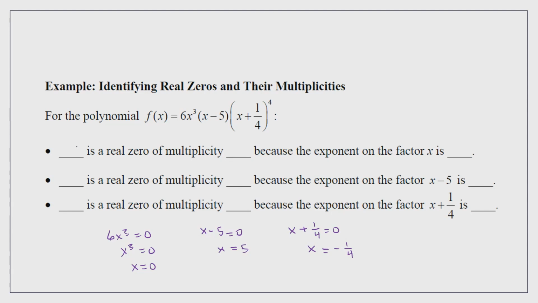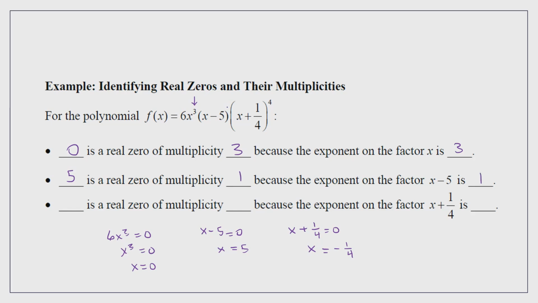So let's complete our bullet points. 0 is a real zero of multiplicity 3, because the exponent on the factor x is 3. 5 is a real zero of multiplicity 1, because the exponent on the factor x minus 5 is 1.